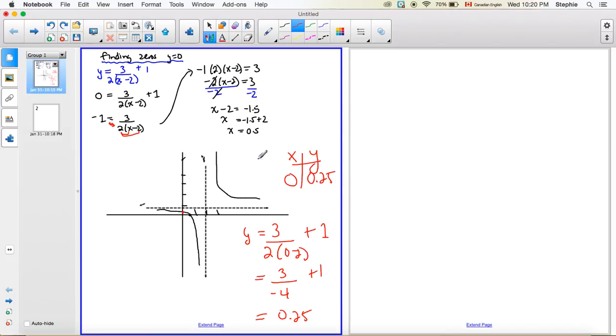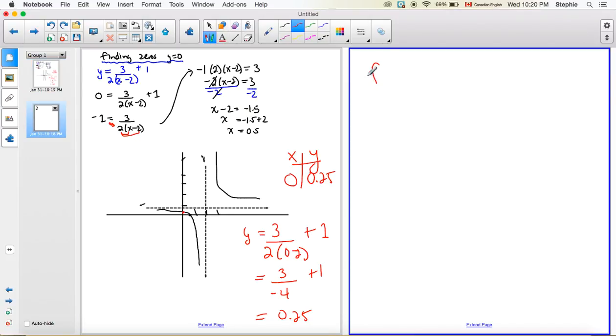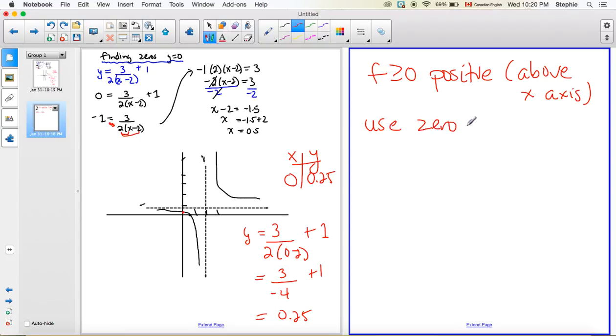At this point, you can say things like, oh, when is this positive? So the function is going to be positive every time it's above the x-axis. And you're going to use your 0 as a marking point.